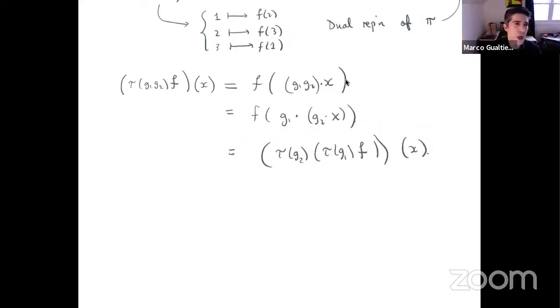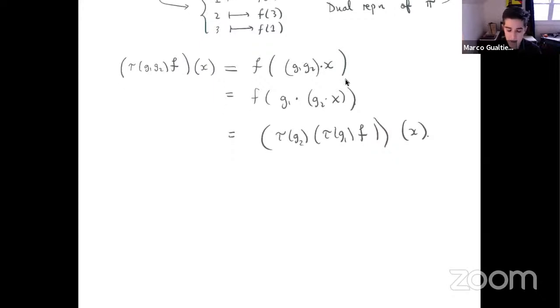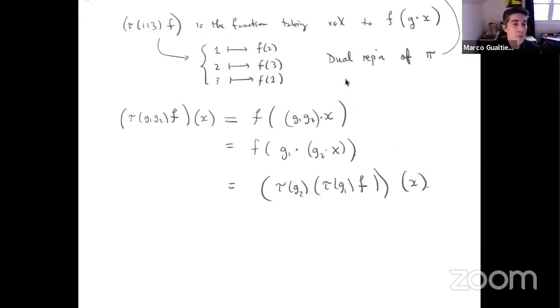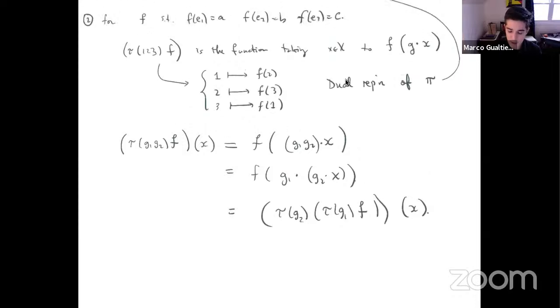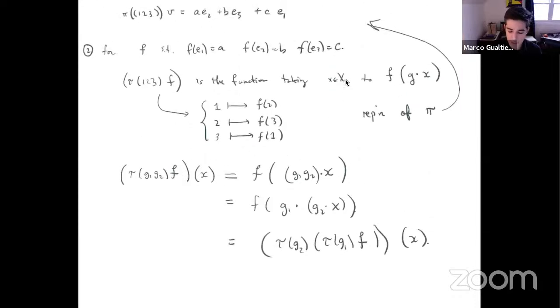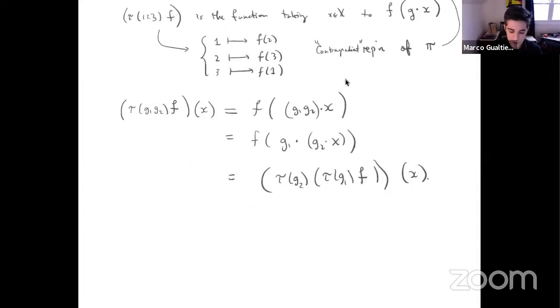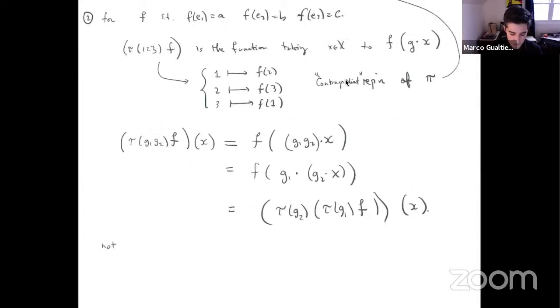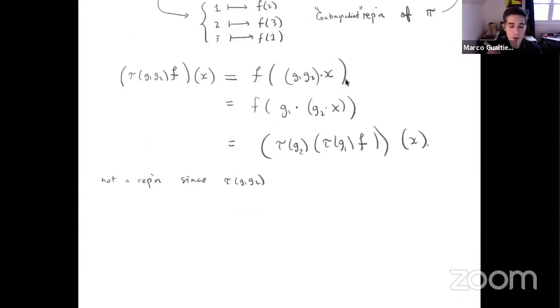Sometimes this is called the contragradient representation for this reason, but that's a really old-fashioned way of speaking. Technically this is not a representation because it's supposed to satisfy. Let me just give it the old-fashioned name: this is the contragradient. It's a name that I'm not going to use, because this is not really a representation, since tau of G1, G2 is now acting on these functions.